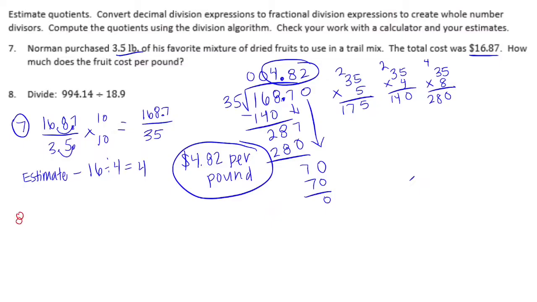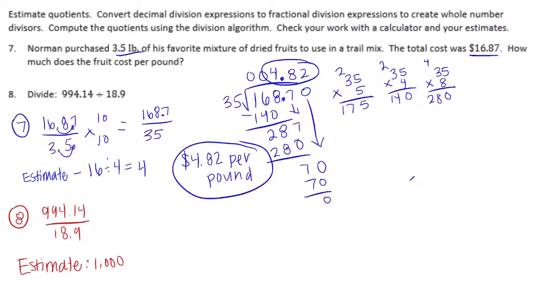Number 8. Divide 994 and 14 hundredths divided by 18 and 9/10. So first let's estimate. 994 is really close to 1,000.